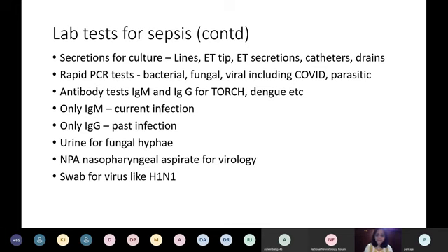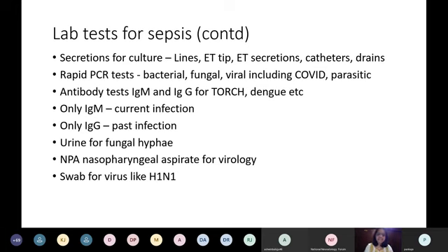A small fragment is enough, so we do not need a large amount of sample, and they can detect all the current situations, including COVID and parasitic tests as well.